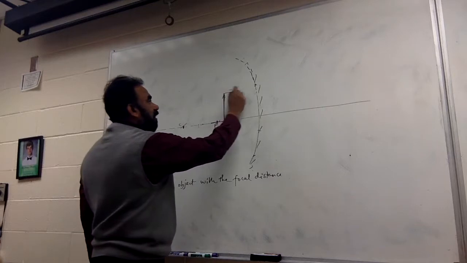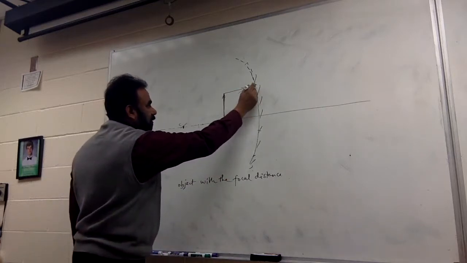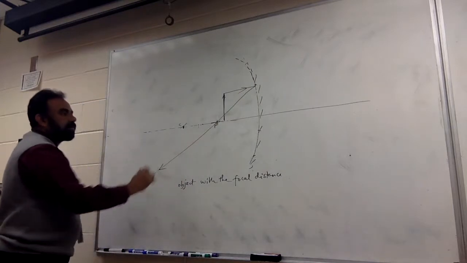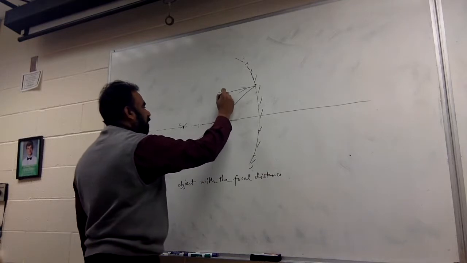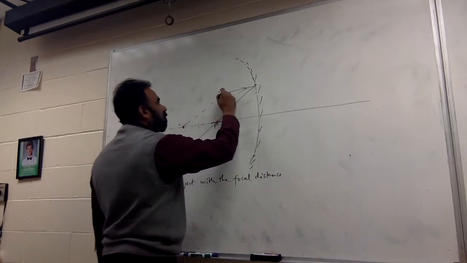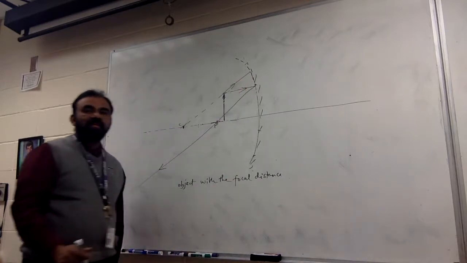Now what will happen? A ray that goes parallel will go through the focus. That's the first ray. And the other ray is a ray that goes from here and hits the mirror like this. What will happen to that?